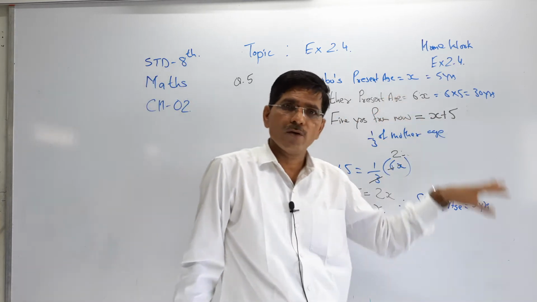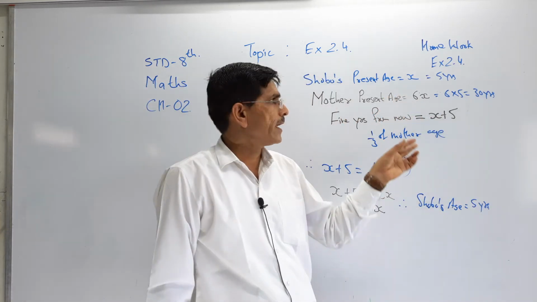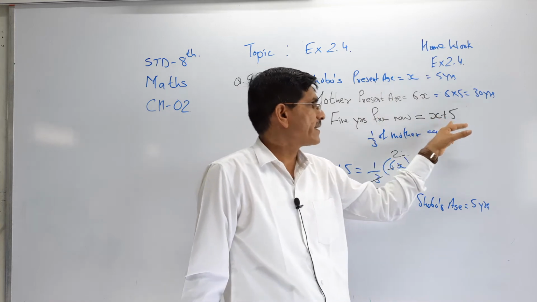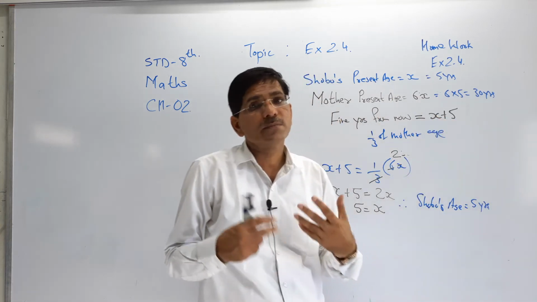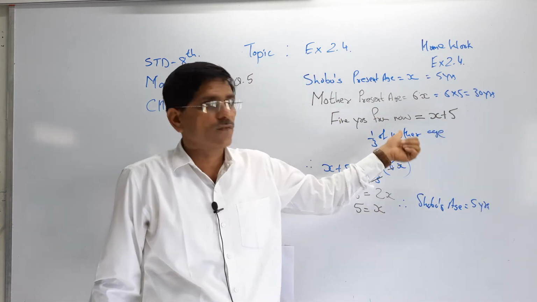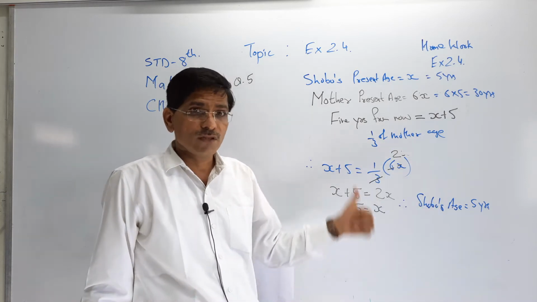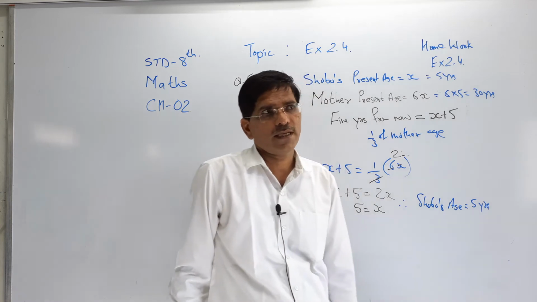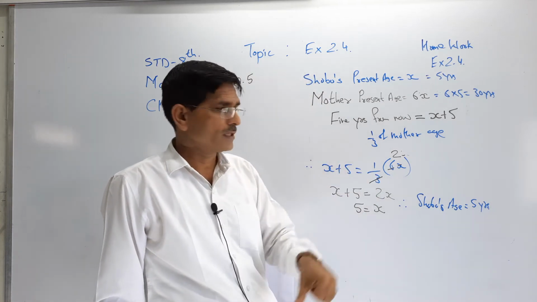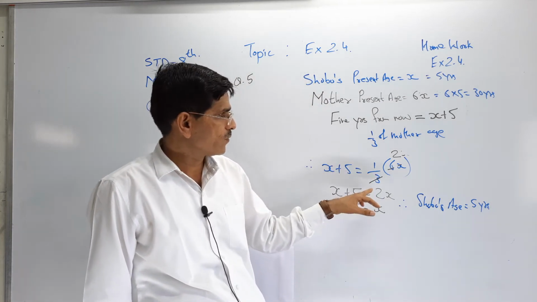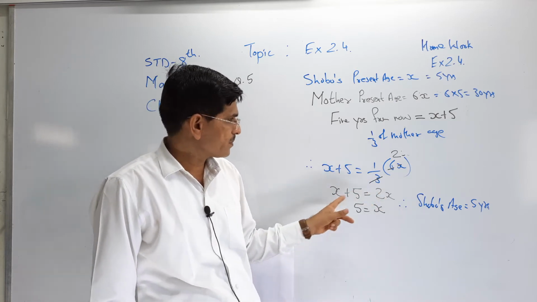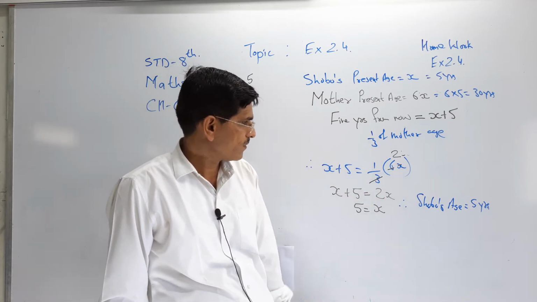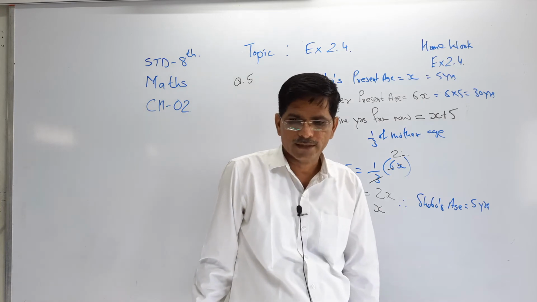After 5 years, Shobha's age is x plus 5, and the mother's age is 6x. So x plus 5 is equal to 1/3 in bracket 6x. So x plus 5 is equal to 2x, 5 is equal to x.